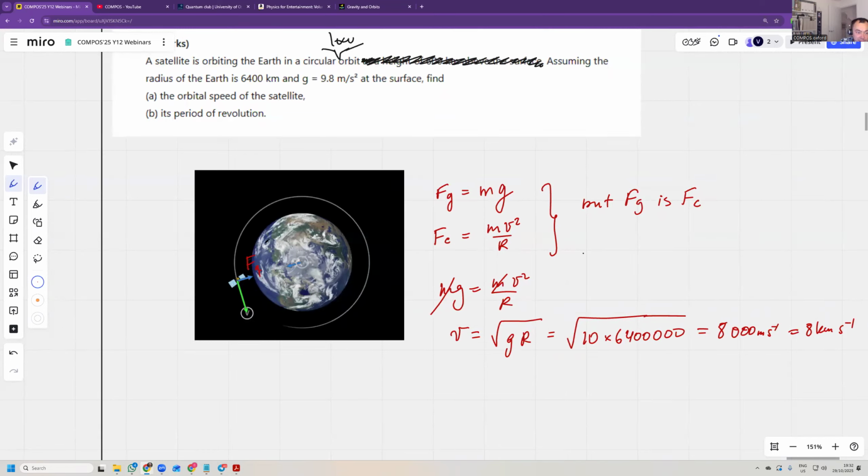Now the period. We all know that period is 2 pi r divided by the speed. So 2 times 3.14 times 6,400 kilometers. I'm going to do it in kilometers. Why not? Divided by 8 kilometers a second.